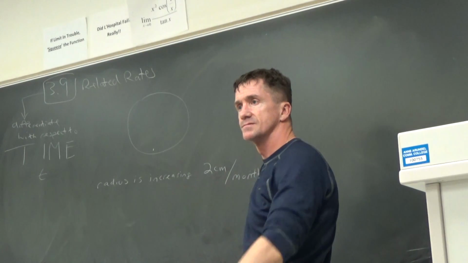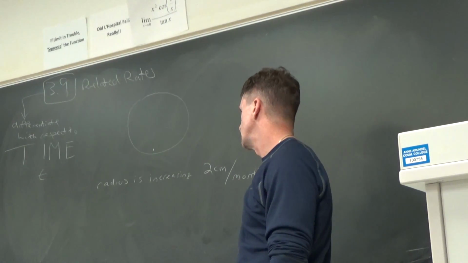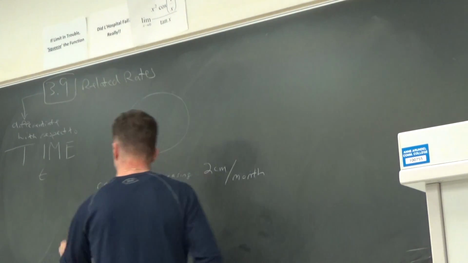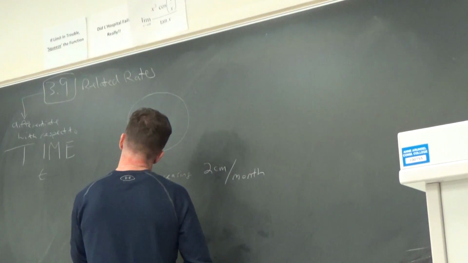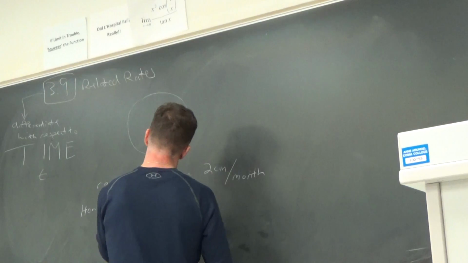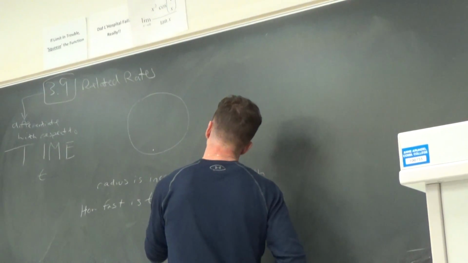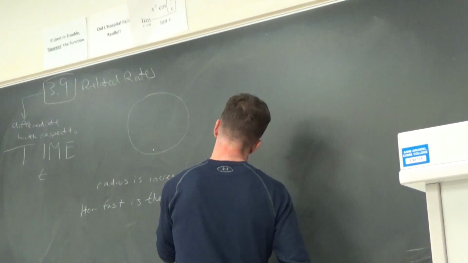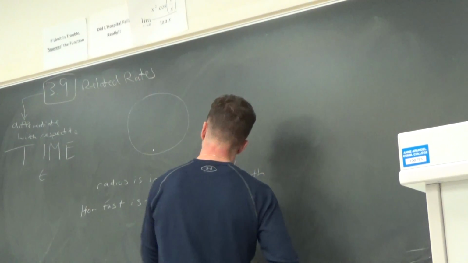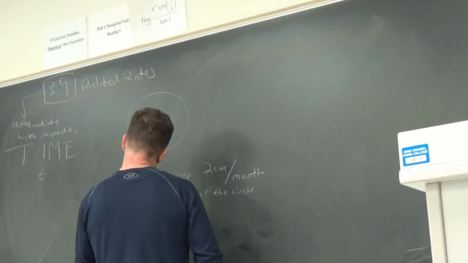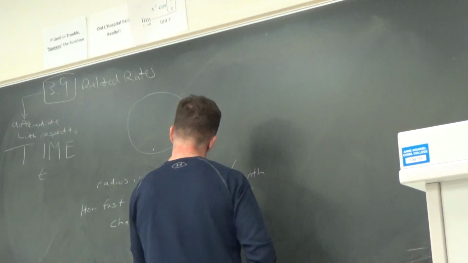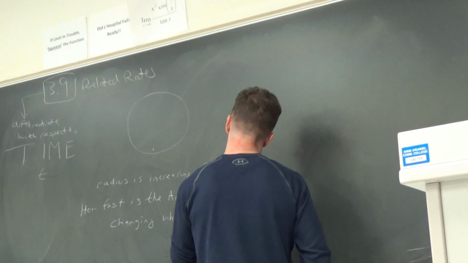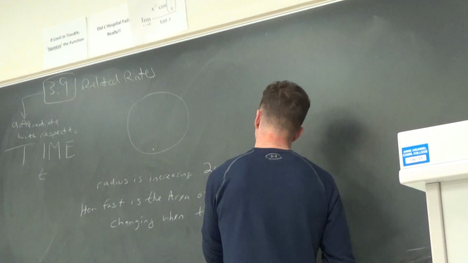And the area gets bigger. All right. And then my question is, how fast is the area of the circle changing when the radius is equal to 10 centimeters.